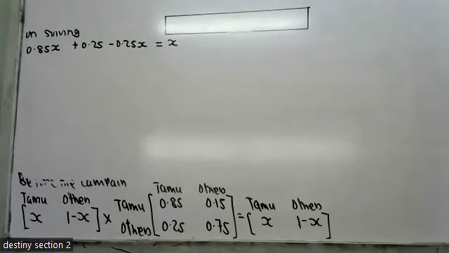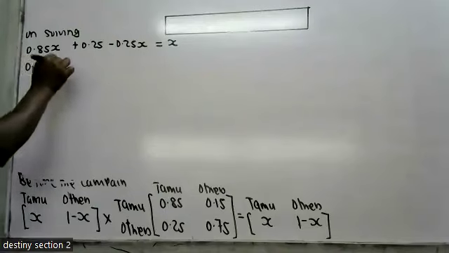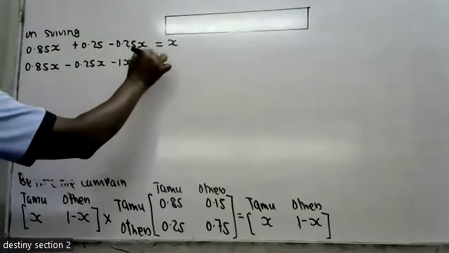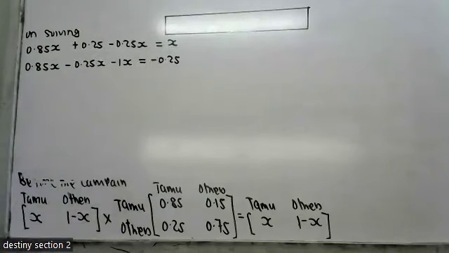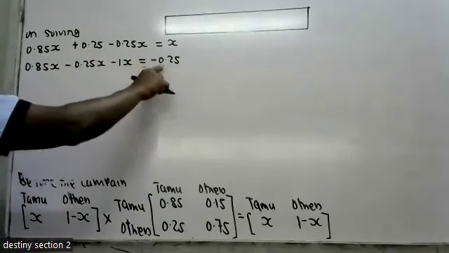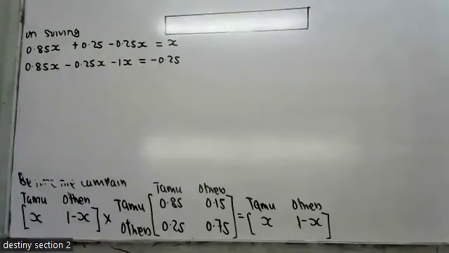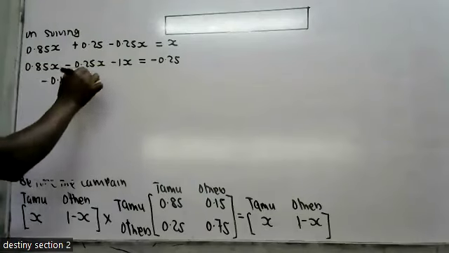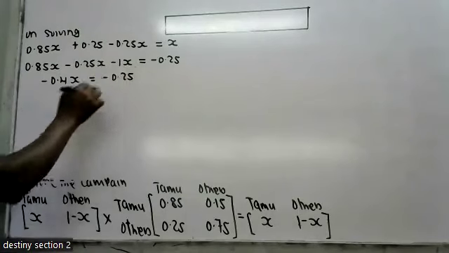If you start to put like terms together, we will have 0.85X minus 0.25X minus 1X is equal to minus 0.25. So when you put the like terms together again, you say 0.85 minus 0.25 minus 1 is negative 0.4X, which is equal to negative 0.25.